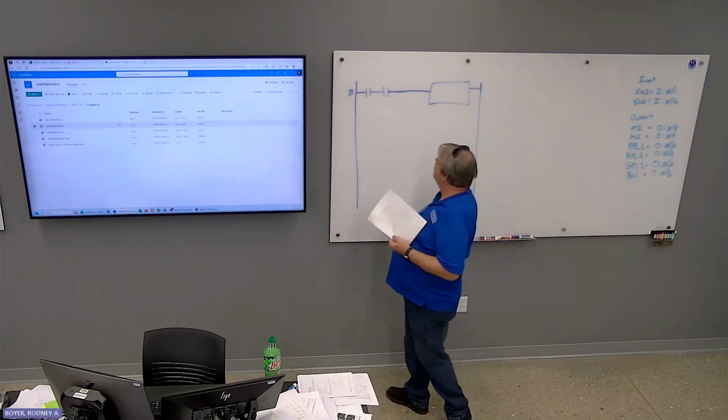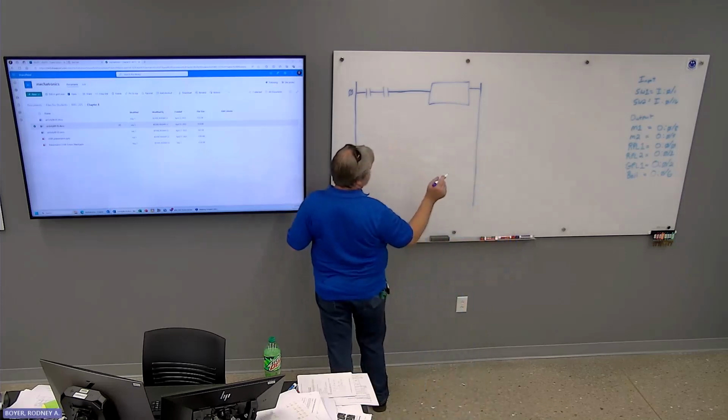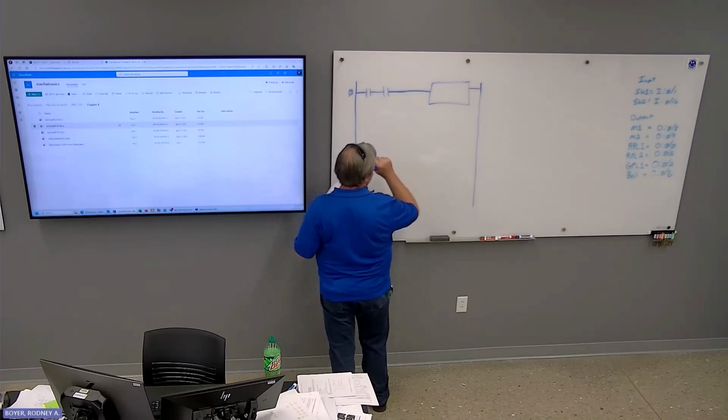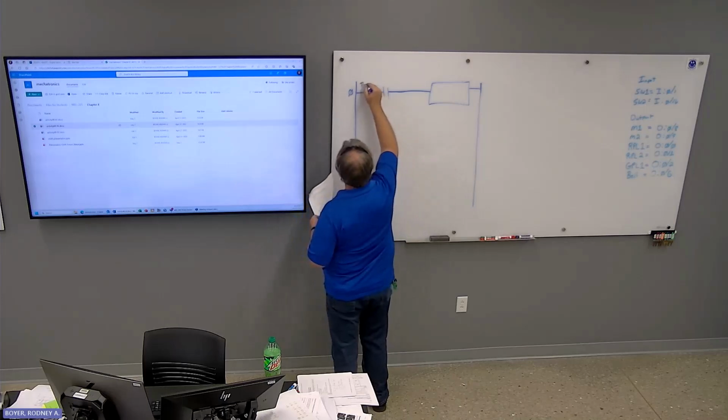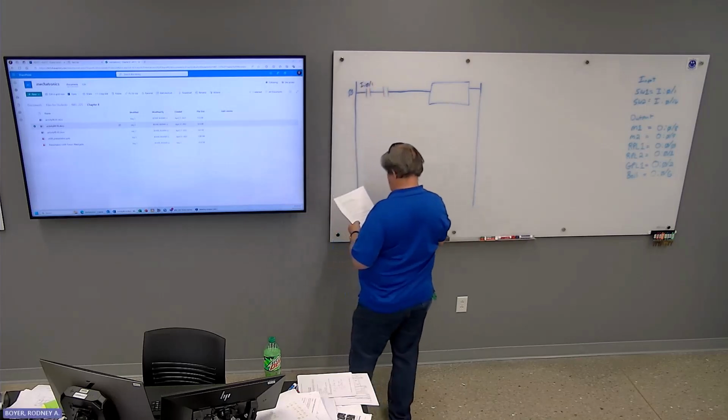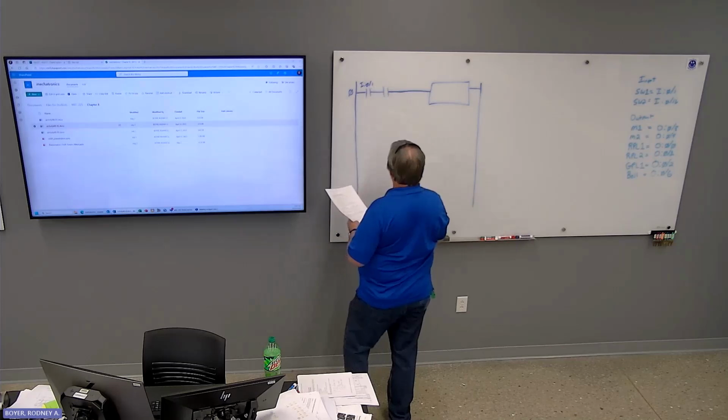Okay. So switch one we said was input 01, right? And then when switch two closes, things start happening.